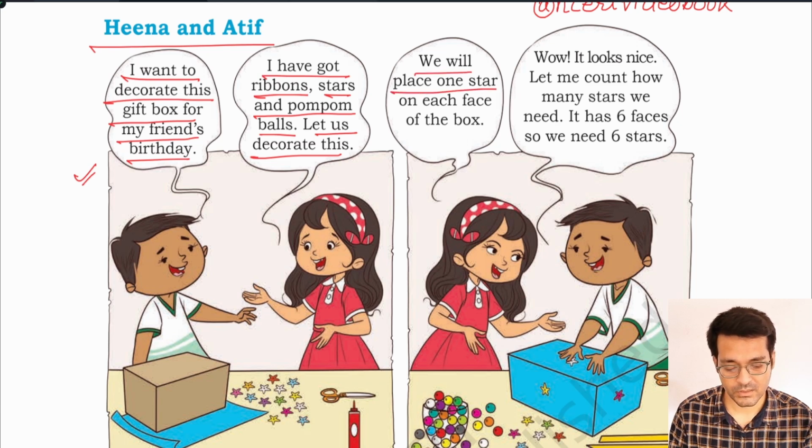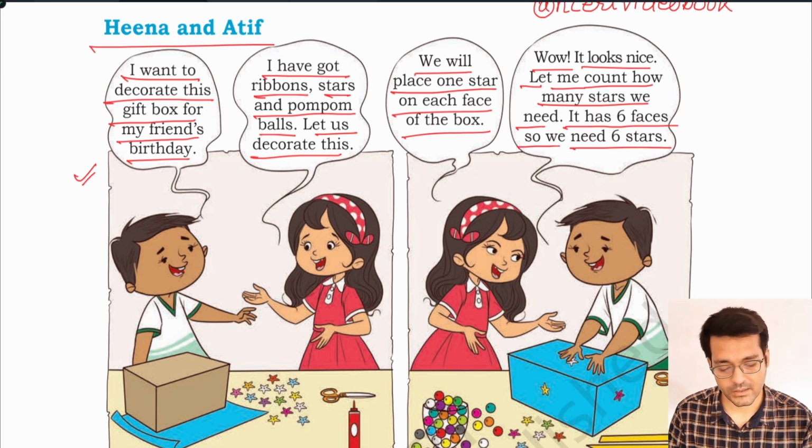We will place one star on each face of the box, as you can see in the picture. Wow, it looks nice. Let me count how many stars we need. It has 6 faces, so we need 6 stars.